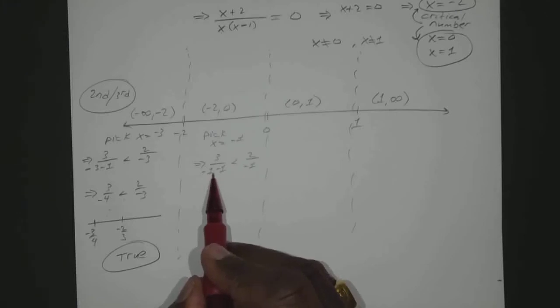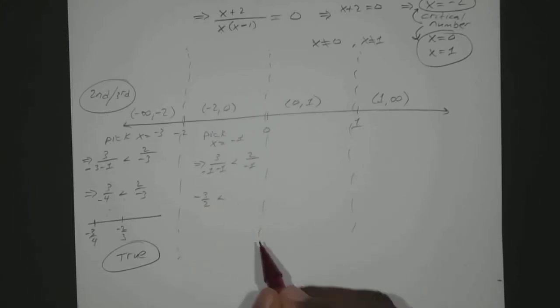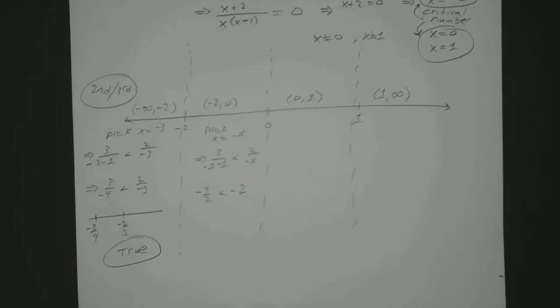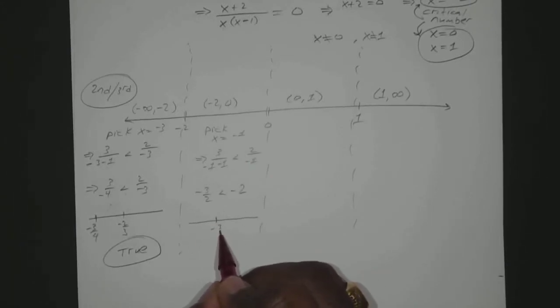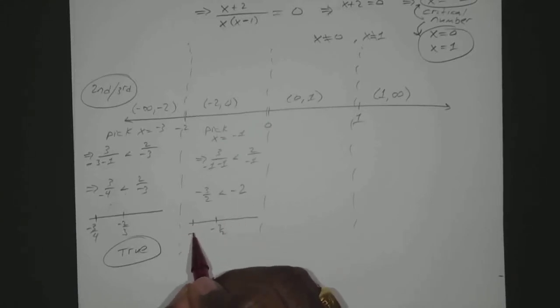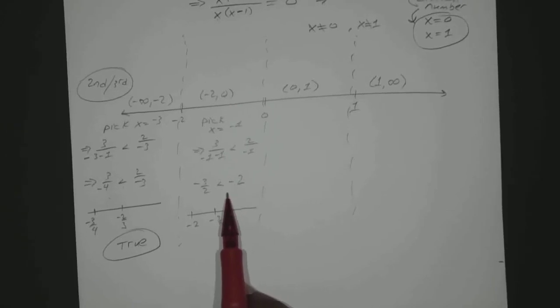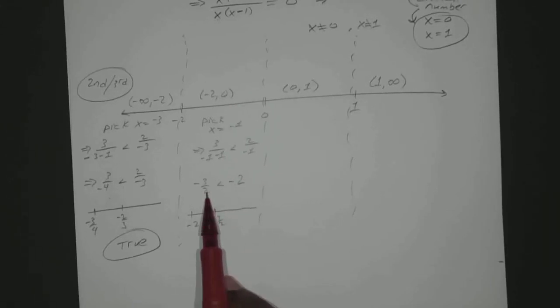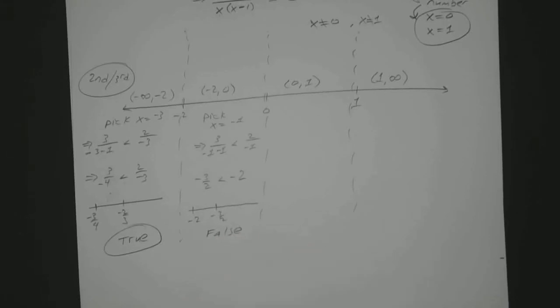Okay, so you have 3 over negative 2, or negative 3 over 2, is less than negative 2. Okay, so negative 3 over 2 is negative 1.5. So you have negative 3 over 2, and negative 2 is here. So negative 2 is actually less than negative 3 over 2, so this is false. Okay, so we know it's not part.